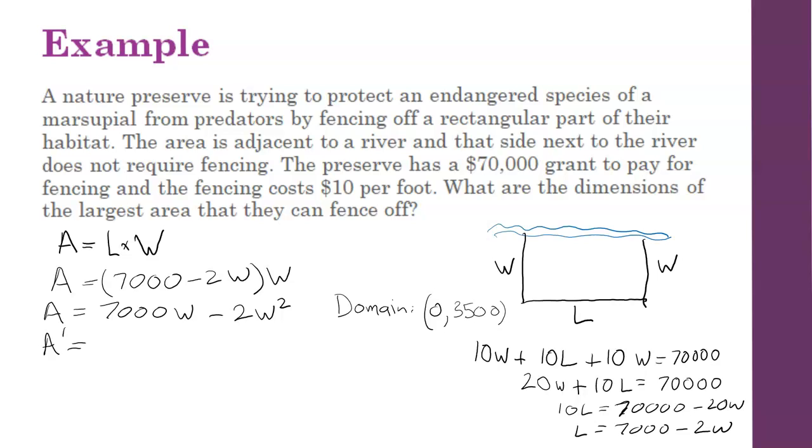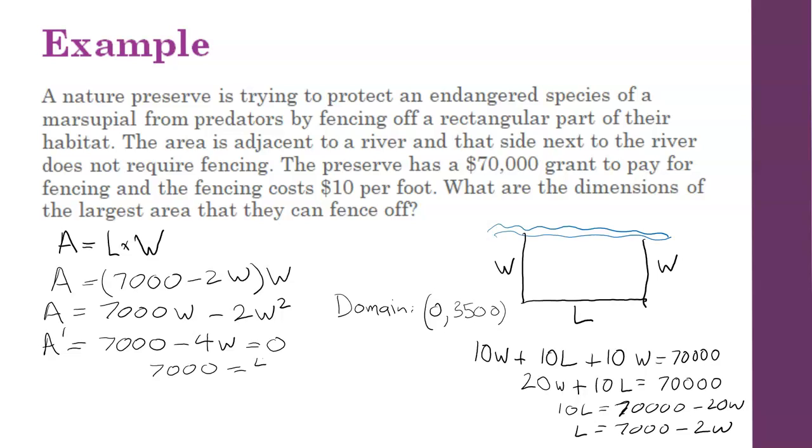A prime is going to be 7,000 minus 4w. Set that equal to 0. Right? Because the derivative gives us the slope, and at maximum or minimum, the slope is going to be horizontal.